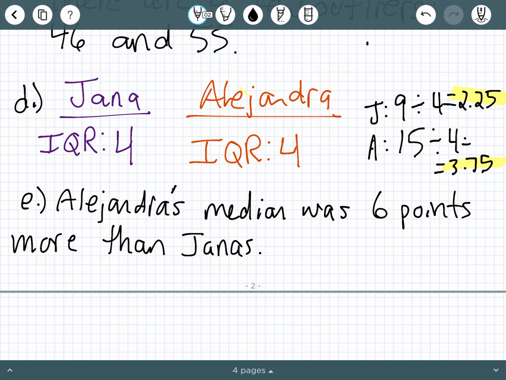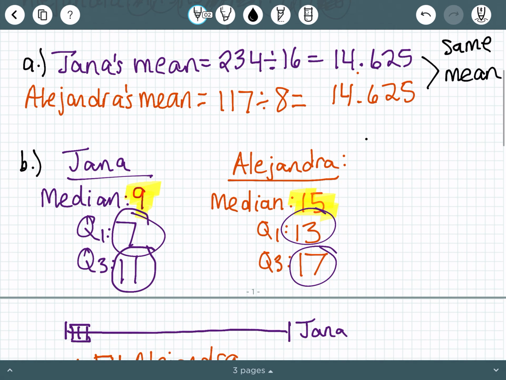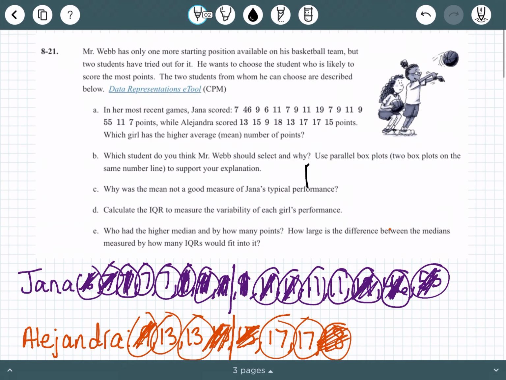So we're going to say Alejandra did better by 1.5 interquartile ranges. All right, and then that is all for problem 821.